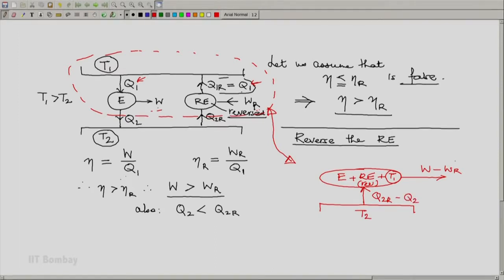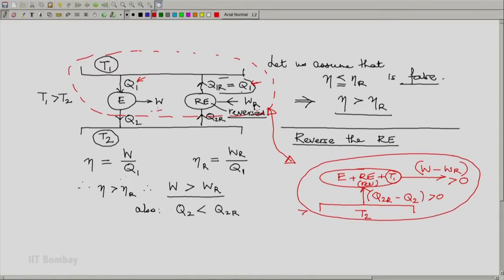And now you will notice that not only is the work done greater than 0 and heat absorbed greater than 0, but the resulting entity happens to be a one-T heat engine. Now a one-T heat engine obviously violates the second law. That means we must have done something which has led to the violation of the second law, and that something must not be true.